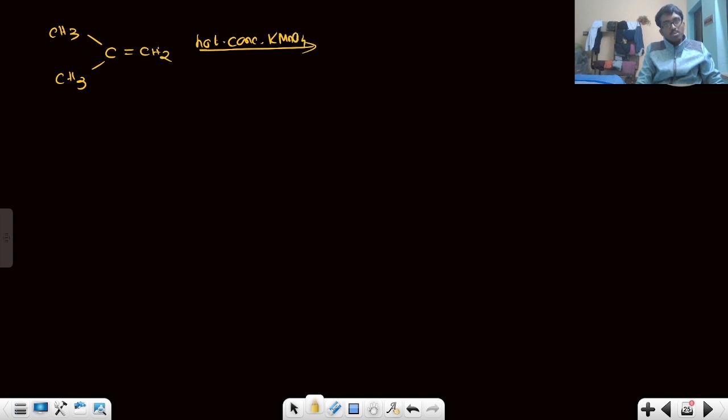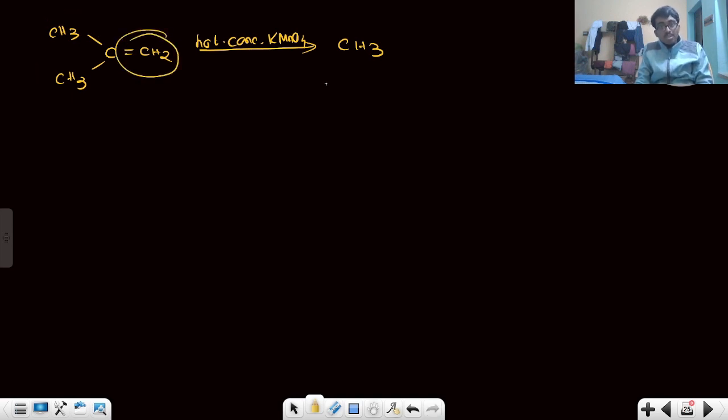What will it form? You can see R is on both sides, so it should be a ketone. So will it form ketone or something else? Tell me what it is supposed to form. It will not form ketone. You might say that R is on both sides and the carbon is double bonded. Fine. But double bond CH2 is also there. Check. Double bond CH2.